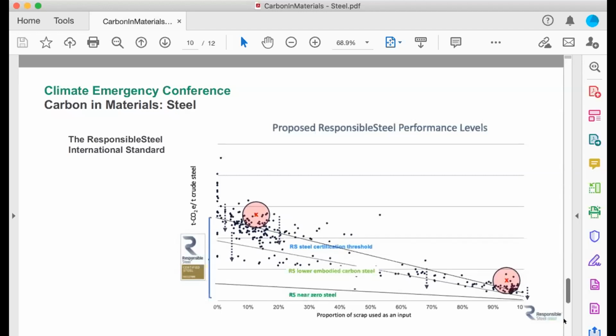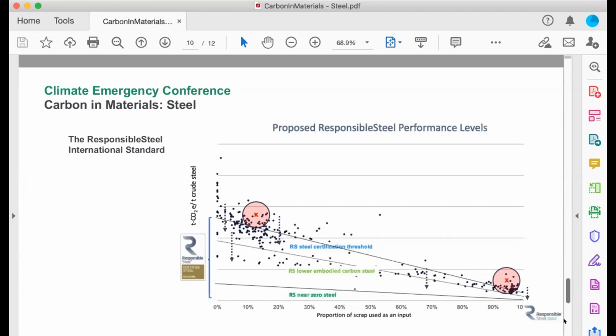And what we are proposing at Responsible Steel is to define 3 different performance levels. A basic performance level, which asks, is a steelmaker better or worse than average, given the amount of scrap or iron ore that's being used? And then 2 further levels to ensure that there are incentives for the leaders, as well as, if you like, the better than average performers.